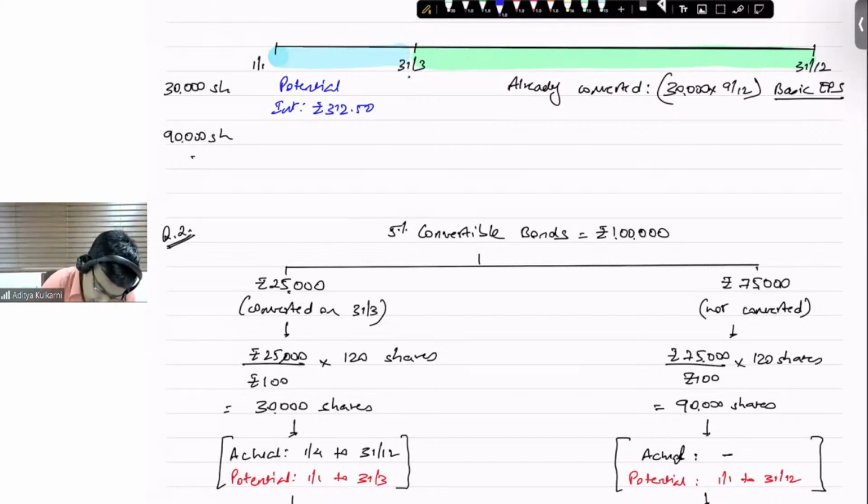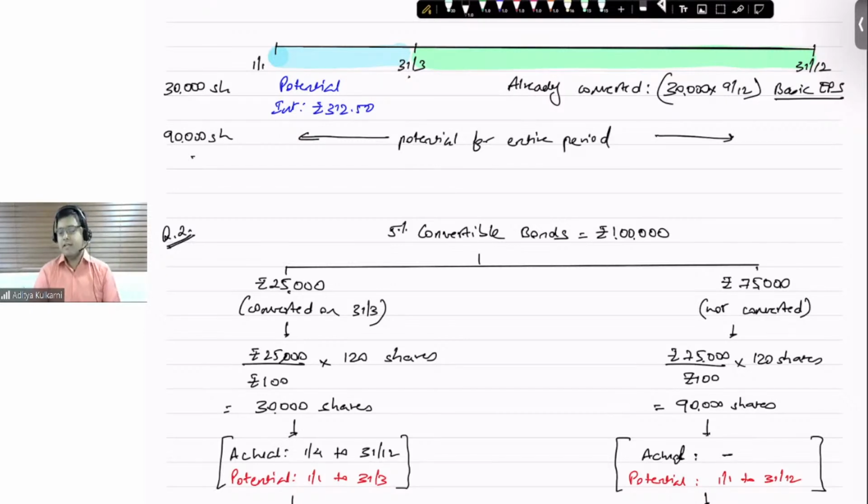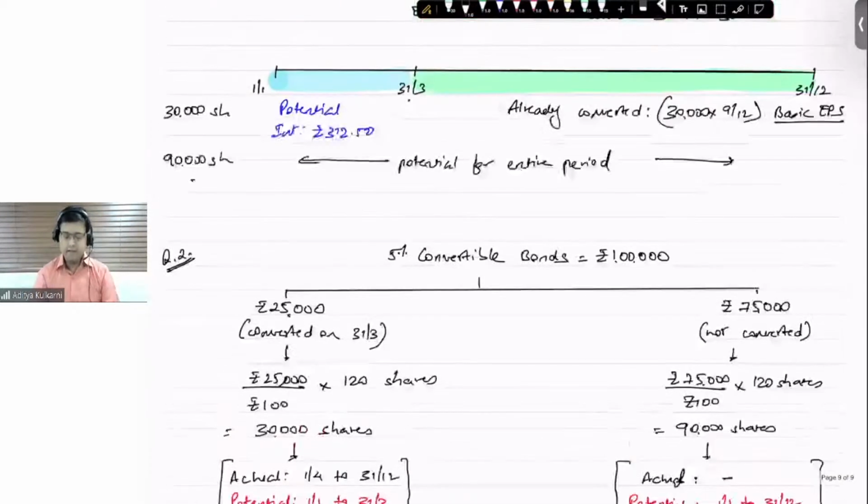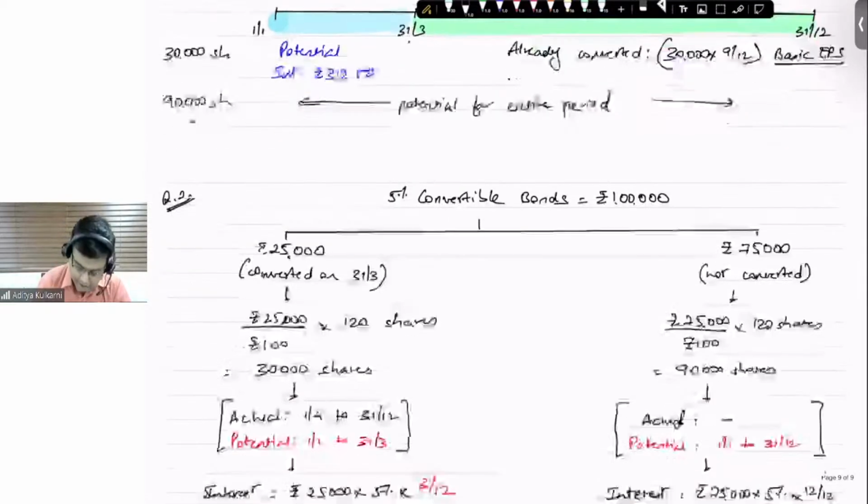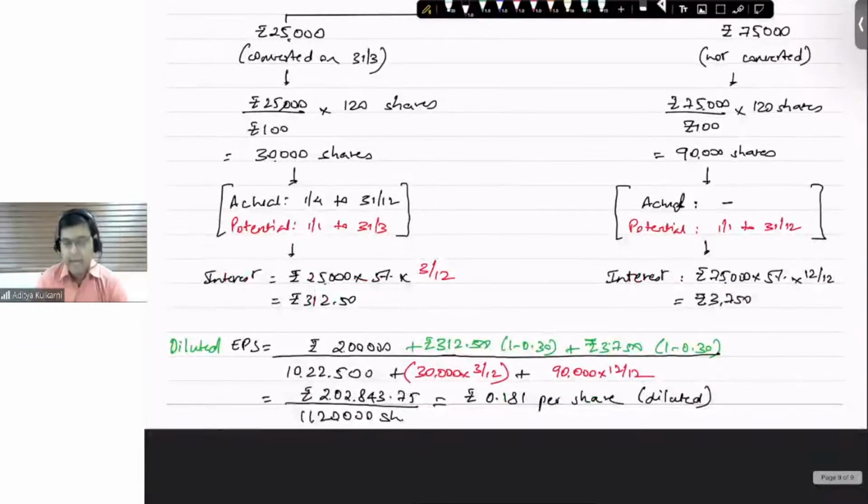Coming to 90,000, this has not converted at all. This is entirely potential for the entire period. So that is the timeline, and now coming to the calculations.